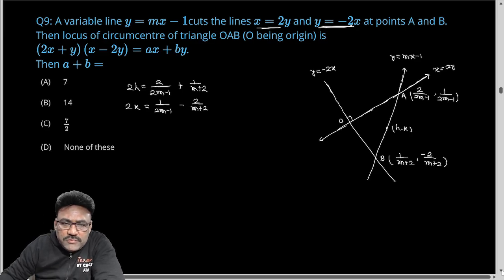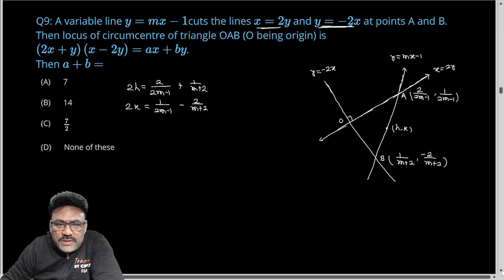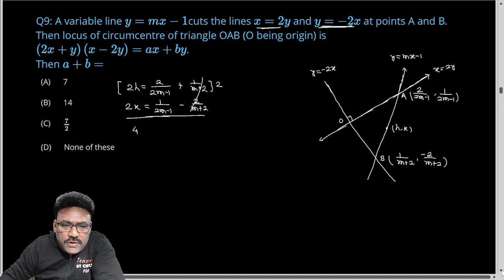Now let's solve these two equations to get the values of 1 by m plus 2 and 1 by 2m minus 1. If I multiply the second equation by 2 and add, this one disappears. So you are getting 4h plus 2k is equal to 5 over 2m minus 1.